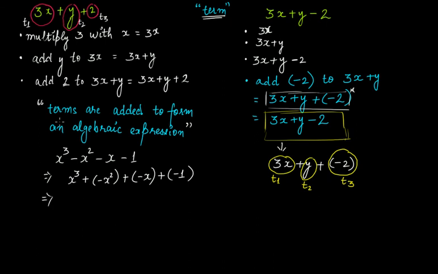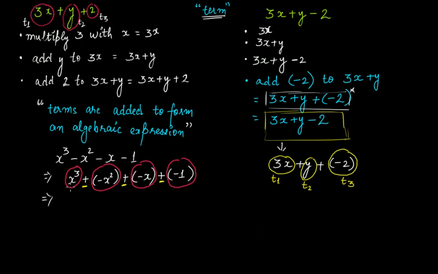Again, if you look at the definition, terms are added to form an algebraic expression. So this plus and this plus, terms are added. This is term 1, term 2, term 3, and term 4. Terms have been added to form this algebraic expression.